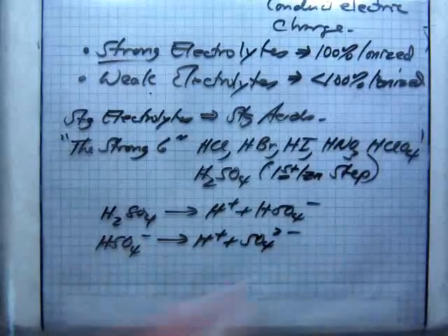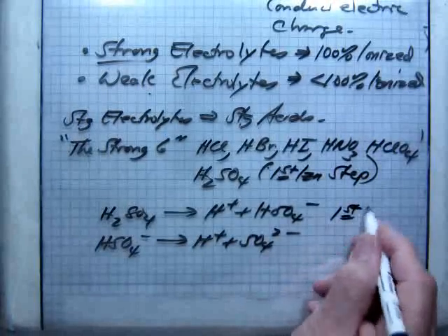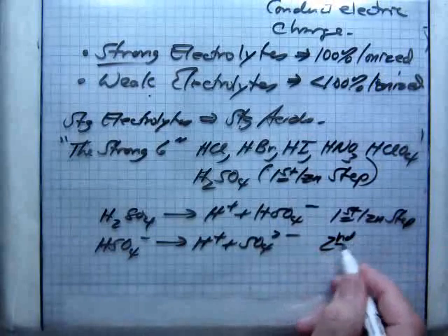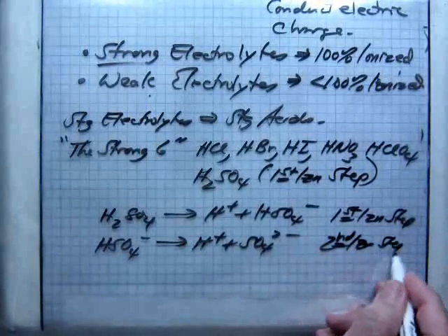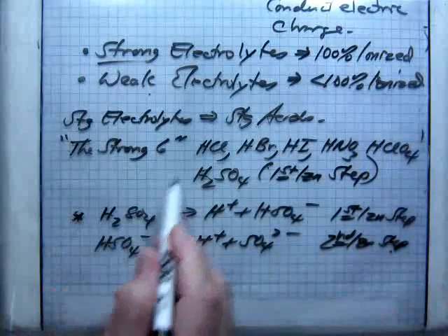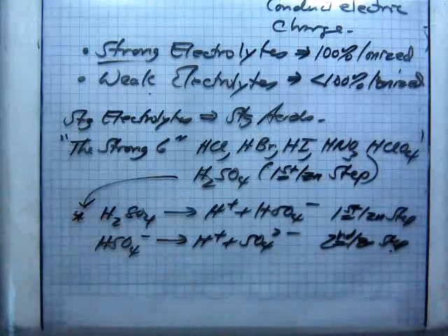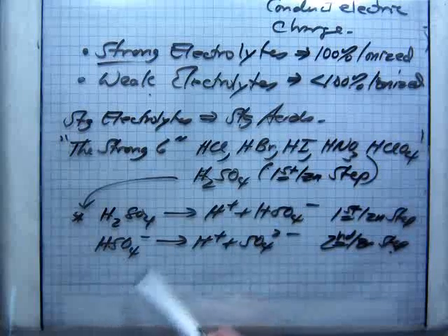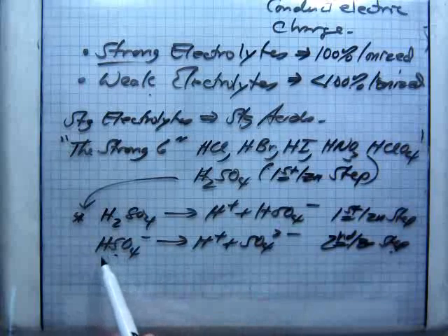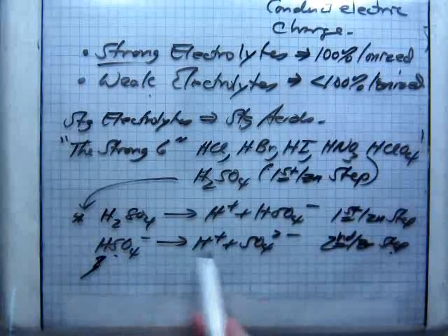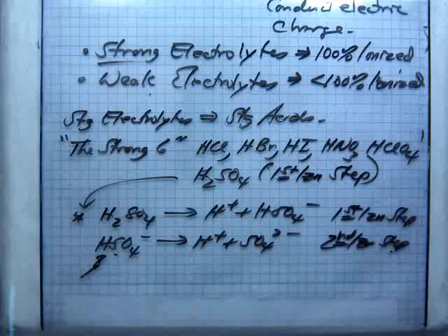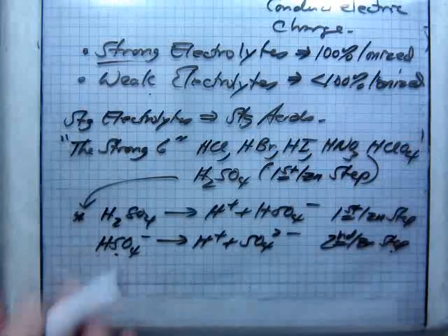So this is the first ionization and the second ionization. The first ionization step is what we're talking about here. You will not find any molecules of H2SO4 floating around in solution with the other ions. But the second step is a weak acid. This will be present with the ions that come from that acid. So that's just what it means.